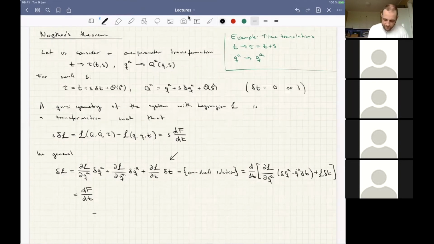So if I take this ∂L/∂q̇_A δq_A minus q̇_A δt plus L δt minus f, this is a constant, which we can call J.